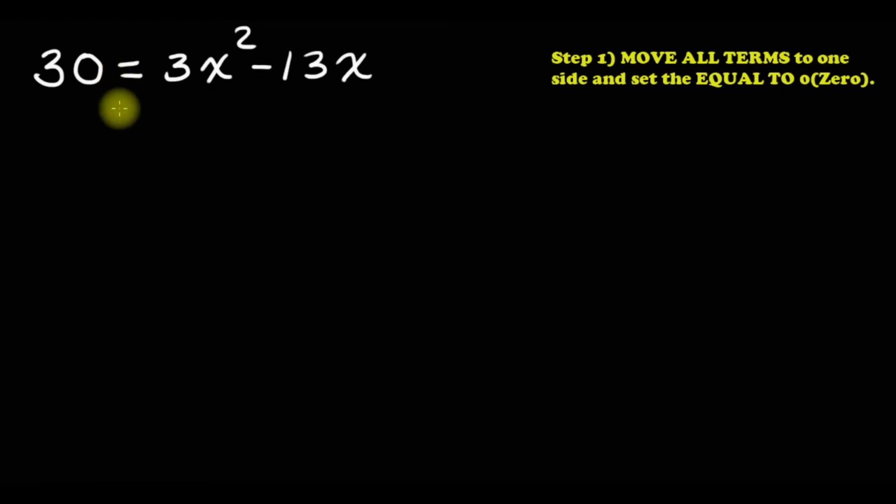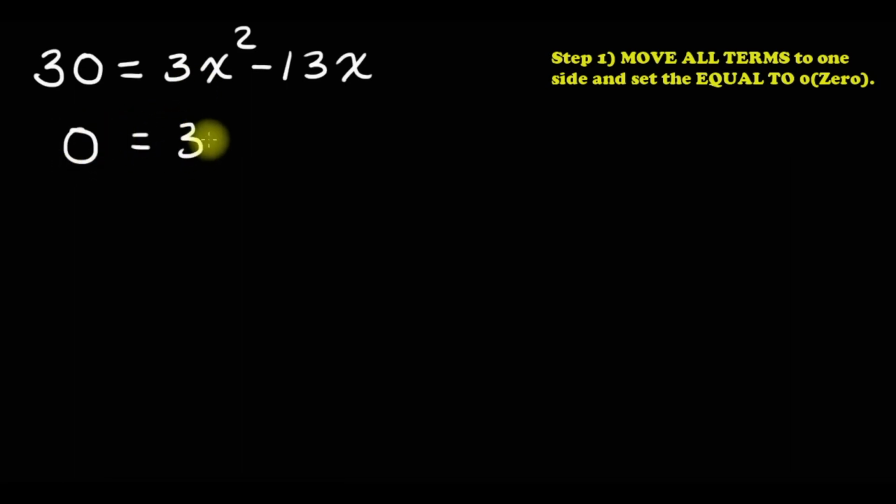As you can see, it's not equal to 0 because you have 30 on this side. So we can make this side equal to 0. And how do we do that? Well, to make it come out to 0 is to minus 30 to it. So we minus 30 to this side, we're going to get 0.